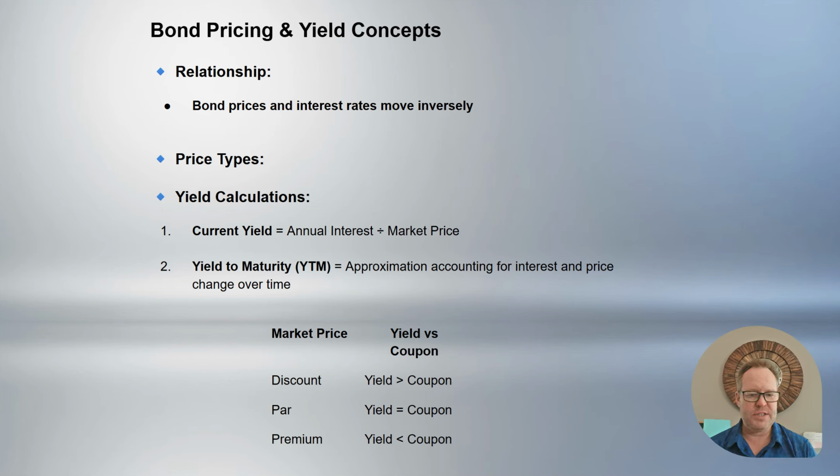If it goes down slightly from par, we'll go with a $100 bond, maybe your $100 bond is now trading at $99, while the coupon rate or interest payment is 5% on the original $100.